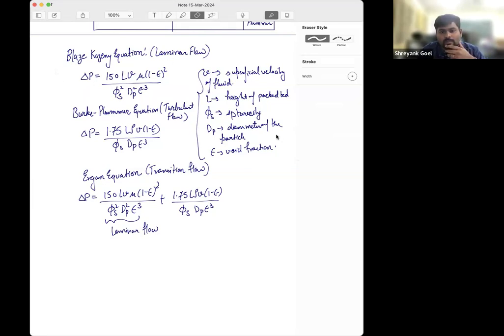Mu should come in the Blake-Kozeny equation. Yeah, that is there. It should be u squared. In Burke-Plummer, it's u squared. Mu is already there, right? Mu is there everywhere.